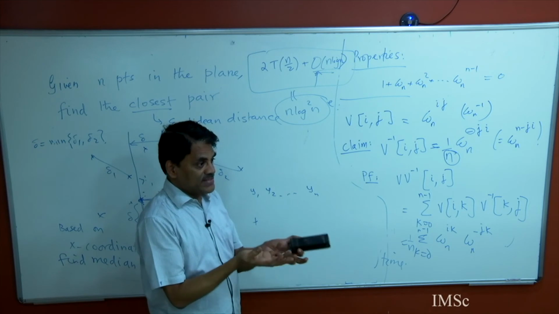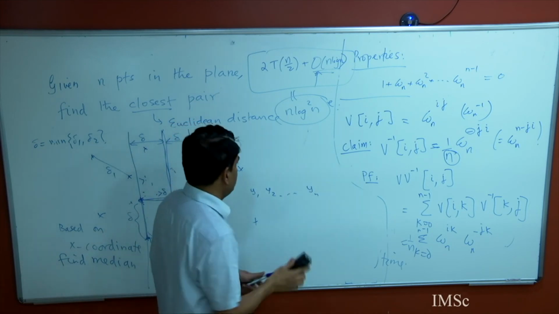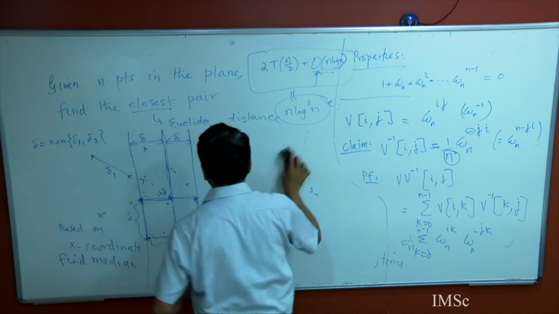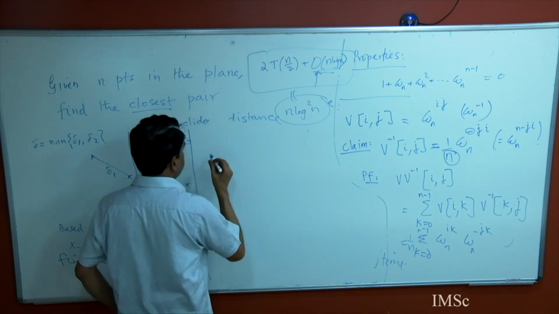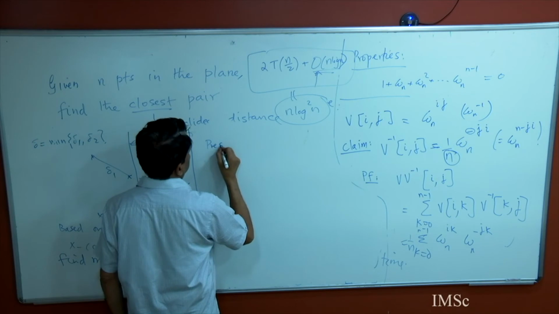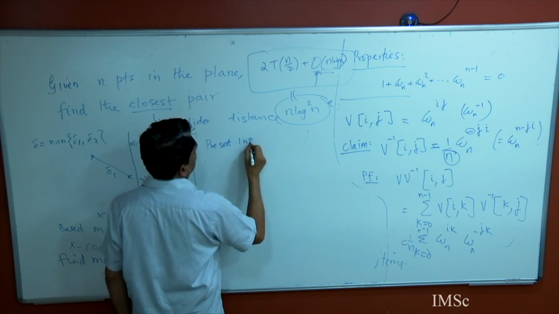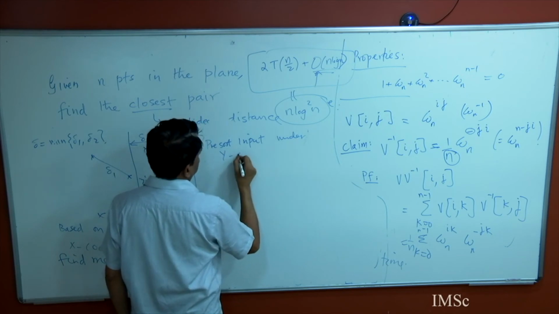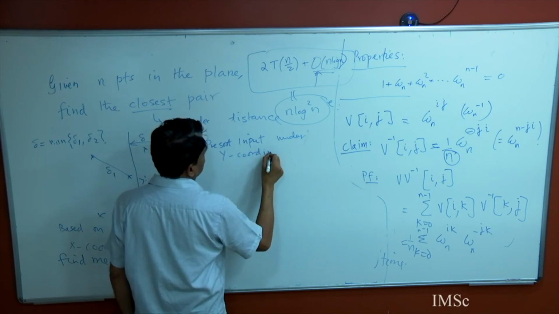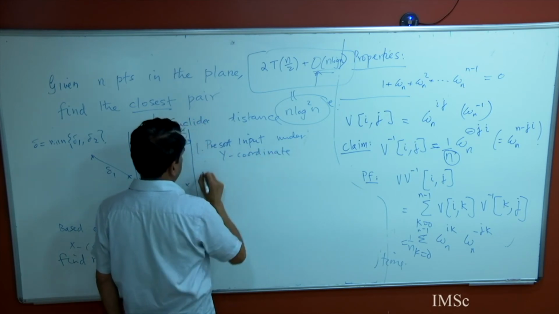Also, I need this situation of whatever my input is, right? So let's say pre-sort input under y coordinate. This is my algorithm. So this is done once, right?